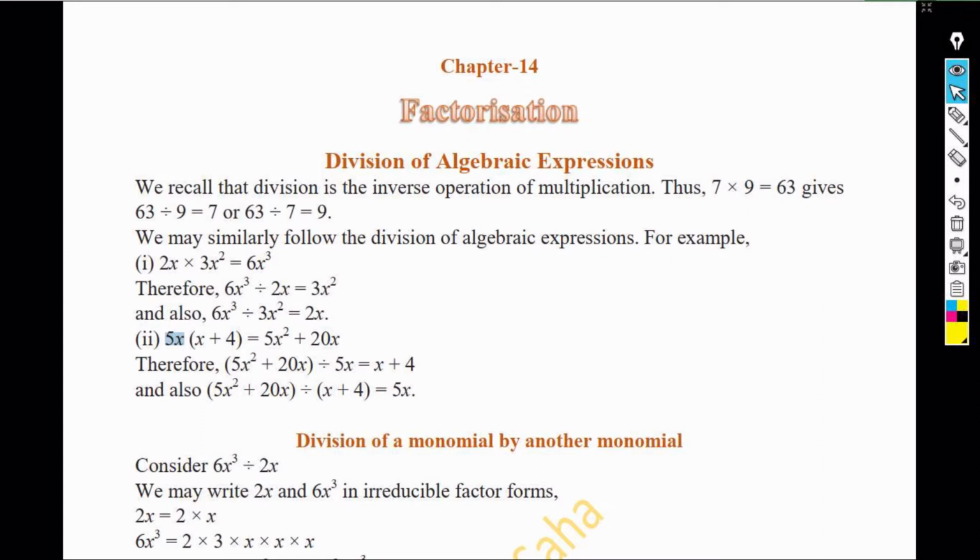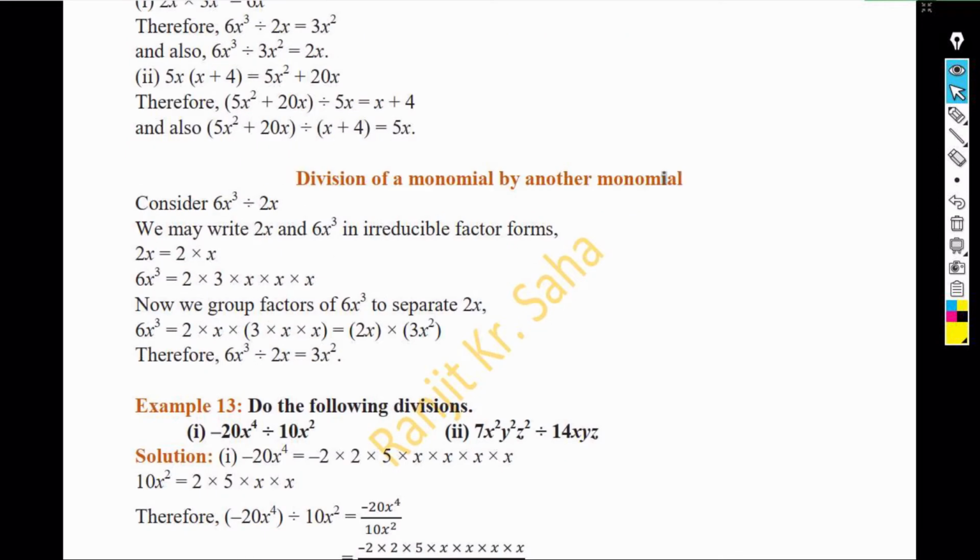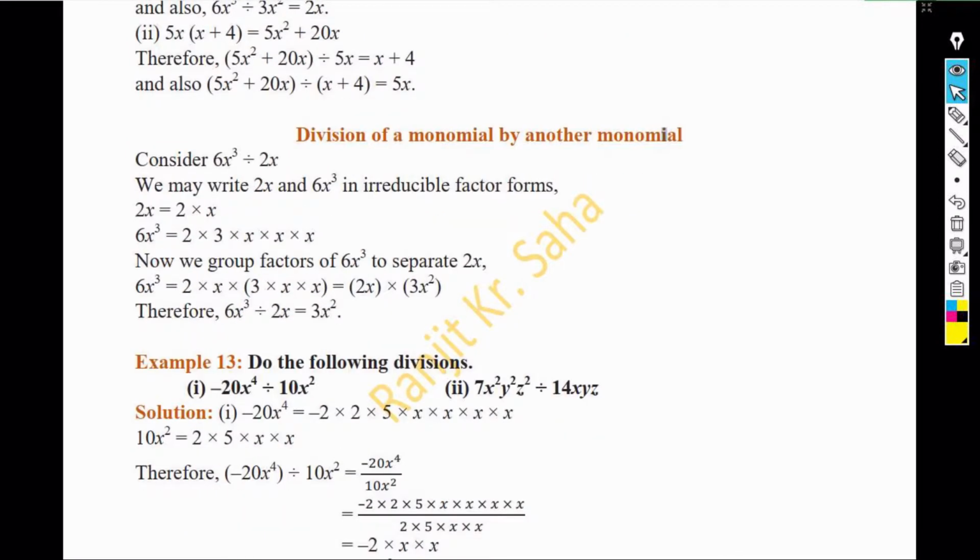Now, division of a monomial by another monomial. Here we want to discuss the division of a monomial by another monomial. You know, a monomial has only one term.